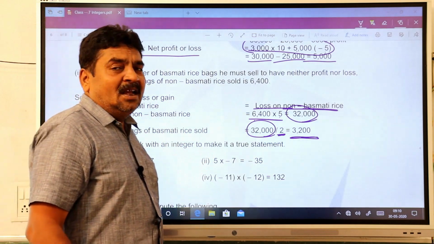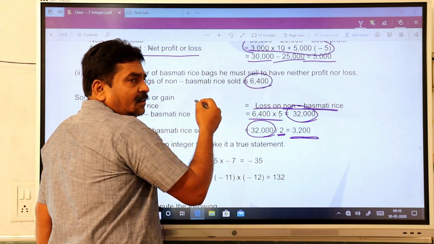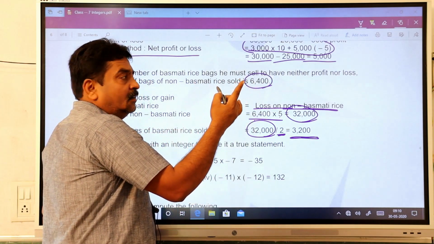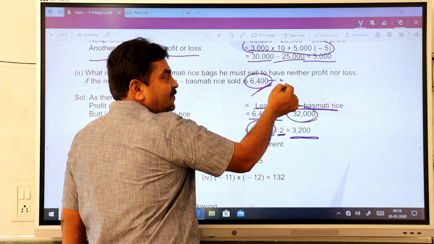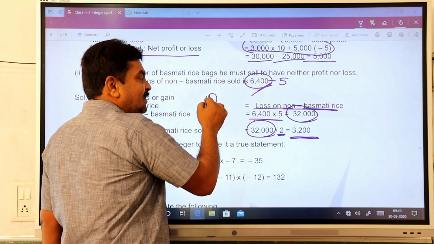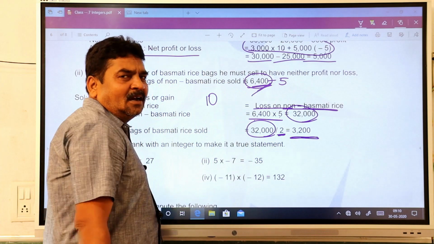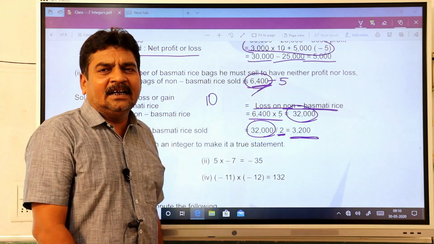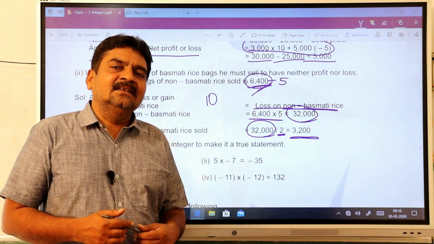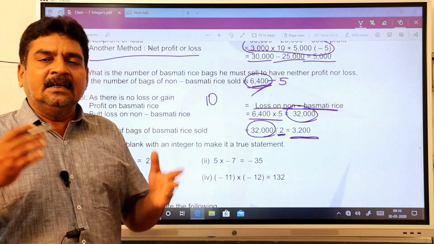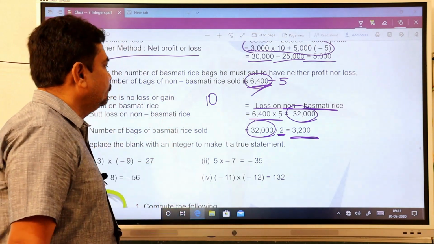When he sells 6,400 non-basmati bags, he has to sell half as many basmati bags, because the loss is 5 rupees and the profit is 10, which is double. Half of 6,400 is 3,200. So he has to sell 3,200 bags of basmati rice to get neither profit nor loss.